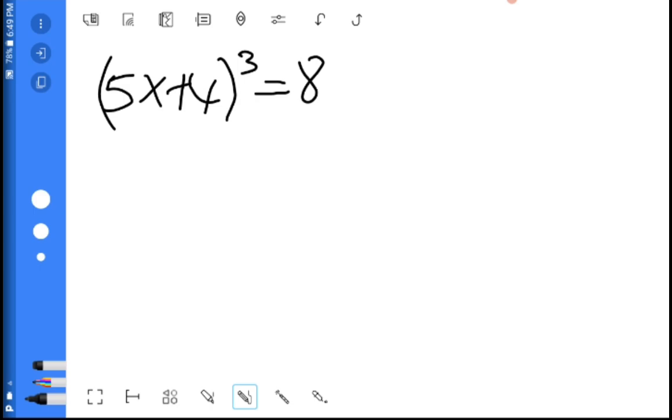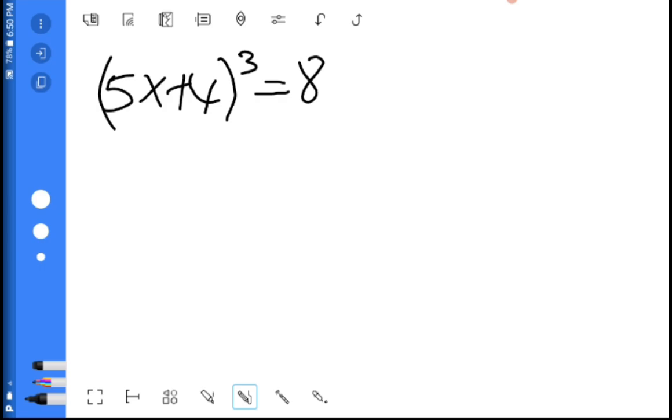We are first of all going to express 8 as a base and exponent, trying to make sure that the exponents are the same. For example, you know that 8 is 2 to the power 3, and this also has power 3. So we are going to use that.